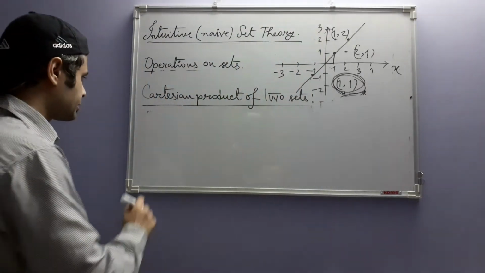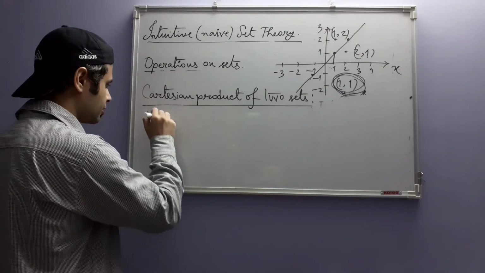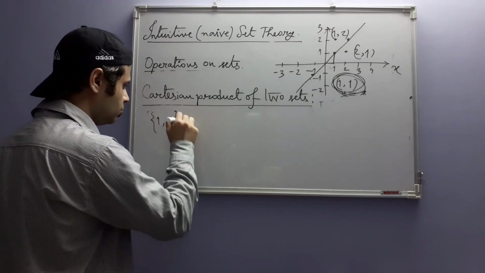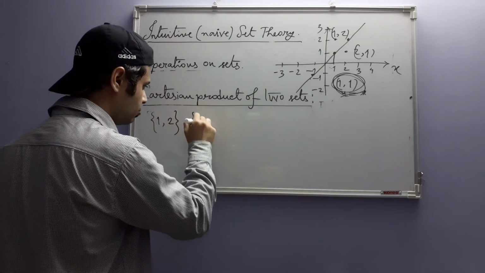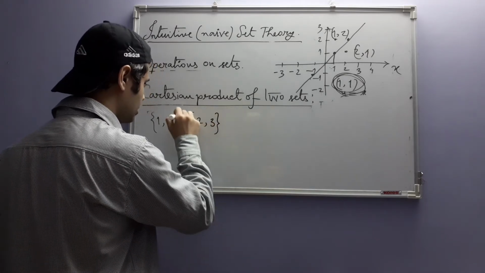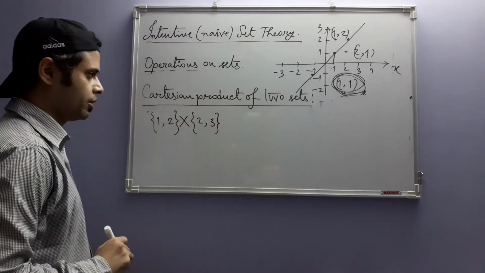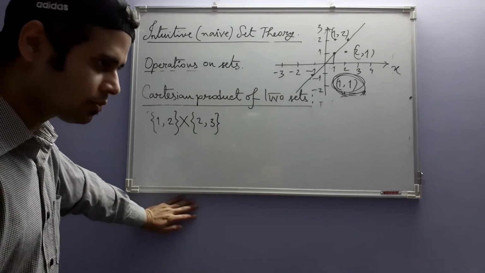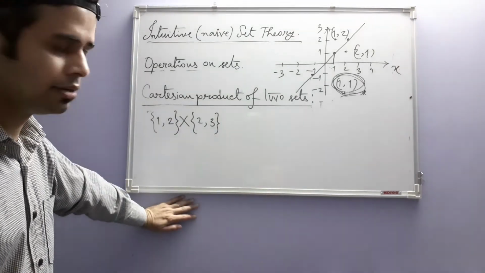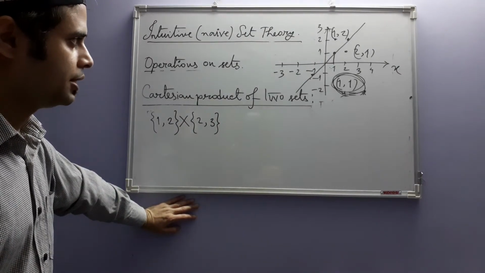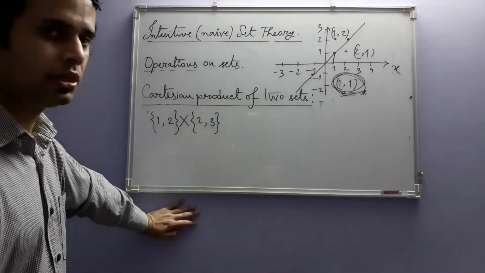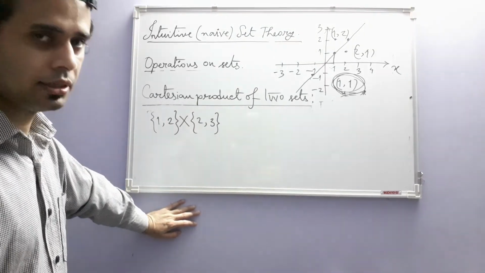Let us take the first example that we have taken, 1 comma 2 and 2 comma 3. But now we are performing the Cartesian product. By the way, Cartesian product, this name is based on the mathematician René Descartes.